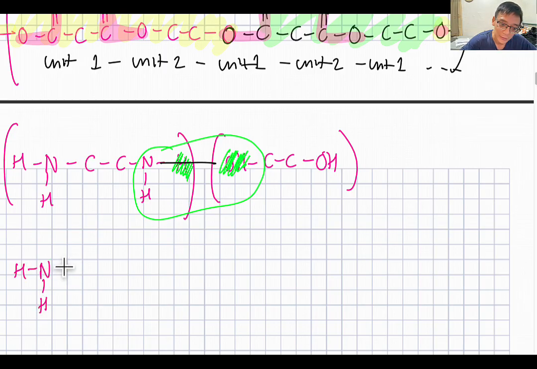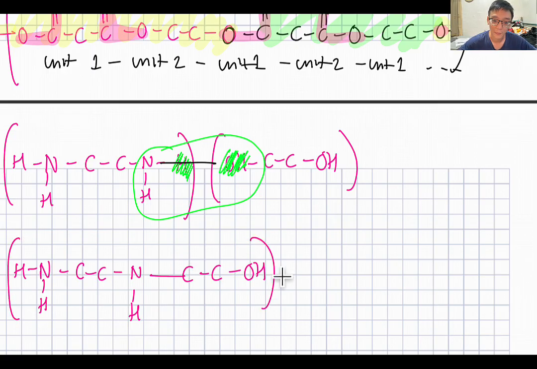Let's draw 1 repeat unit. And then the nitrogen will directly bond to the carbon and OH. If you want to draw more, then you need to add another unit 1 to the end of unit 2.